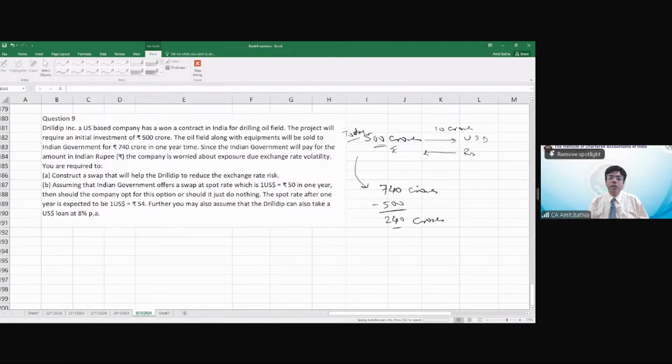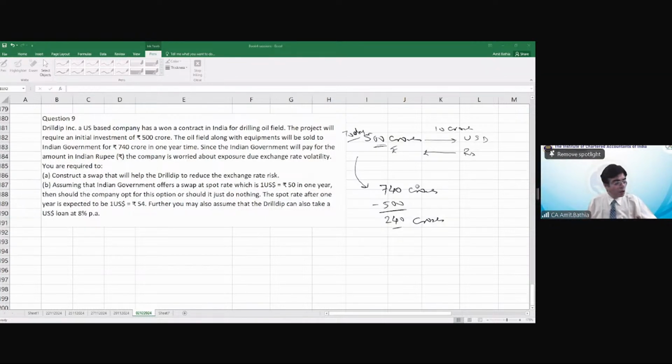So at the end of that, there is no outstanding obligation on either of the parties, right? So my exposure is only to the extent of 240 crores. The 500 crores will get covered under the swap.